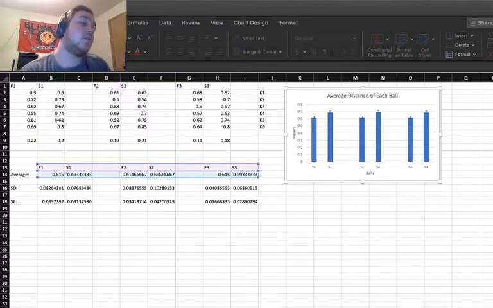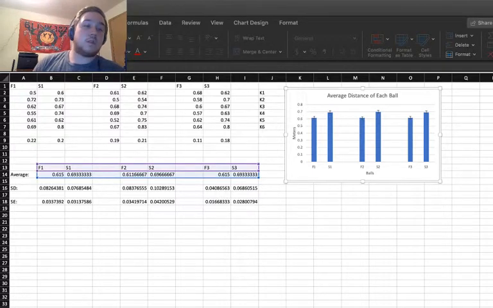One thing that was apparent right away once each group was done being kicked is that the data for each ball was somewhat all over the place. The averages were about the same. For the football, they averaged out to be about 0.61, 0.62 meters being a distance kicked, and the soccer ball averaged out to be about 0.69 meters for each kick.